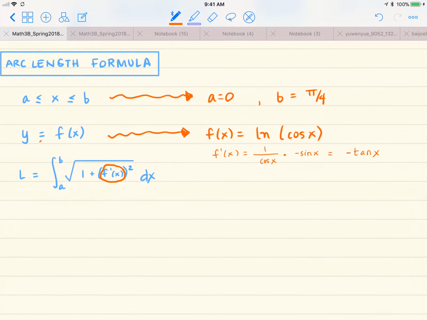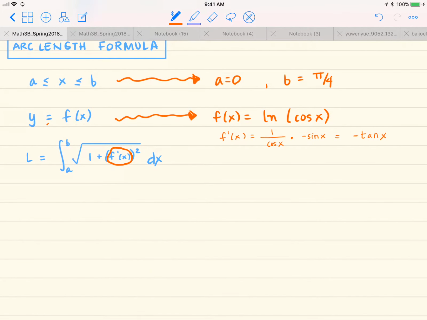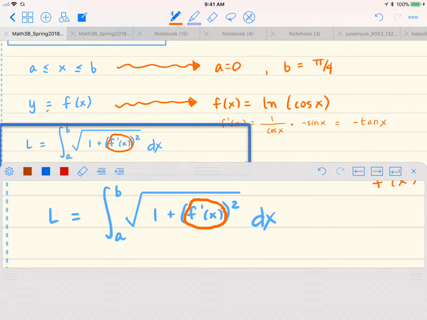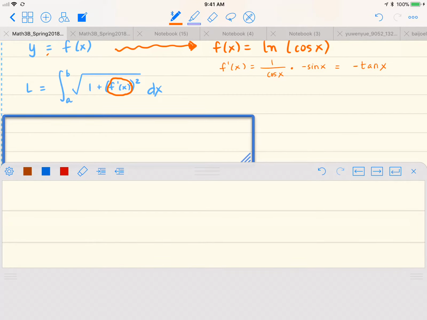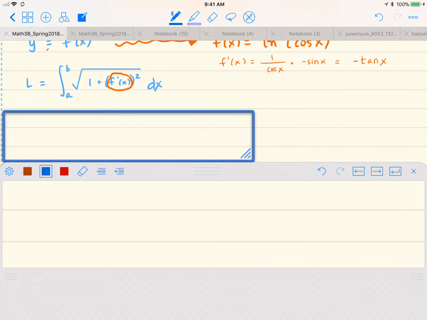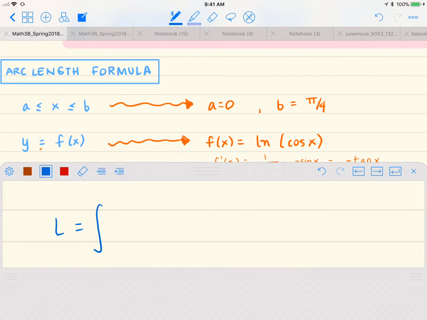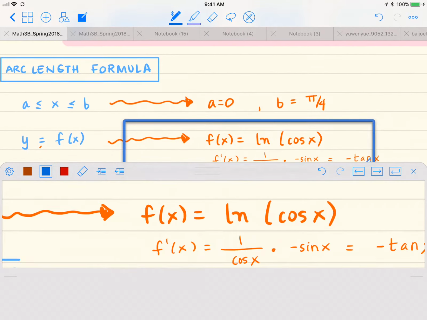So let's go ahead and fill out our formula here. So L is going to equal the integral. Remember, a is 0, b is pi over 4.